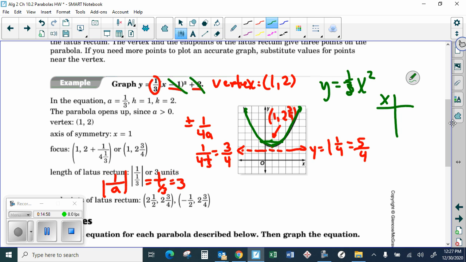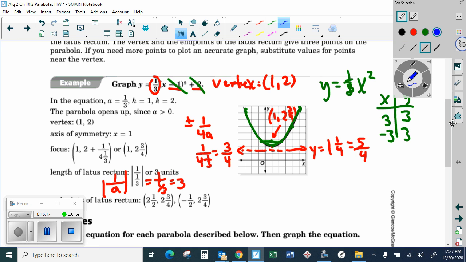So let's say x is 3 and -3. I'm picking that because 3 squared is 9, and 9 will cancel with the 3 nicely. So I go right 3, up 3, and there's that point. And I go left 3, up 3, and there's that point.